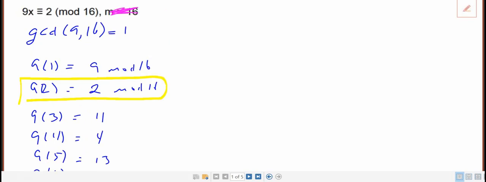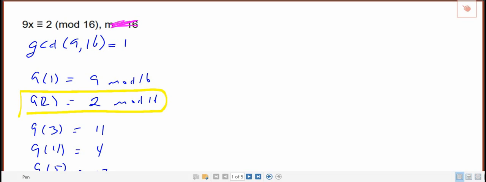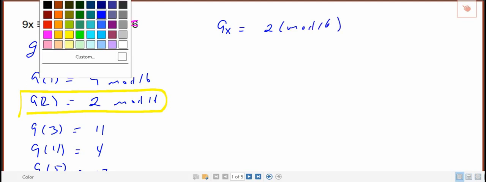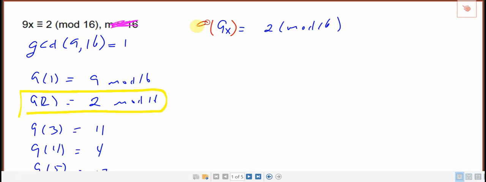Okay, back up on this congruence. I can multiply both sides of this by the inverse of 9. So if I have 9x congruent to 2 mod 16, let's multiply this side by 9 and let's multiply this side by 9.